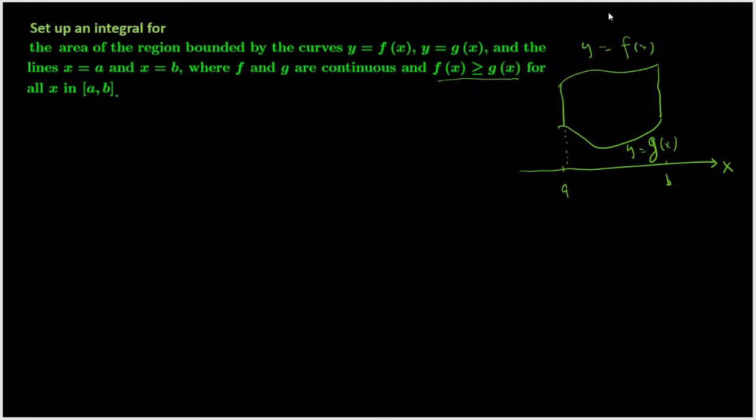It's a vertical line, something like that. Again, I will draw a dotted line in here. I want to repeat: the two curves and the two vertical lines enclose a plane region. Now we are going to set up an integral for the plane region, something like this.